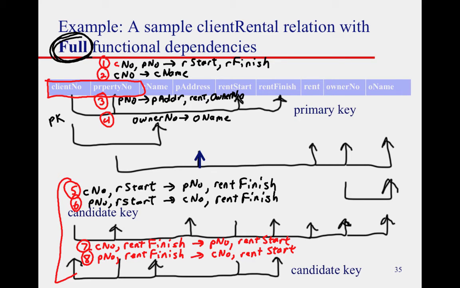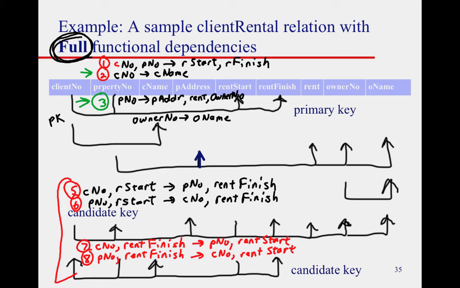So the first partial dependency is 2, second partial dependency is 3. So basically we're finding any dependencies whose determinant is a subset of the primary key.